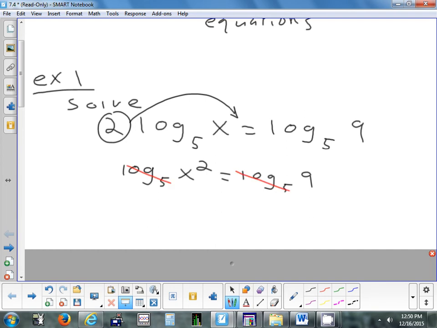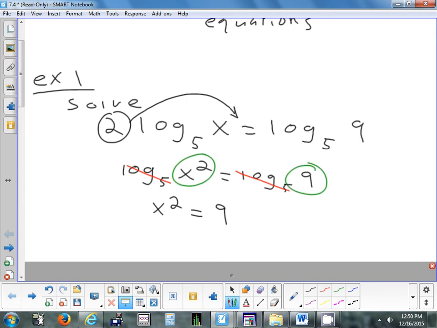Somehow I need to make x squared match 9. If these bases didn't match, we'd have a problem, this would be a lot harder. But since the bases match, just ignore that part and focus on this. How would you solve that equation?